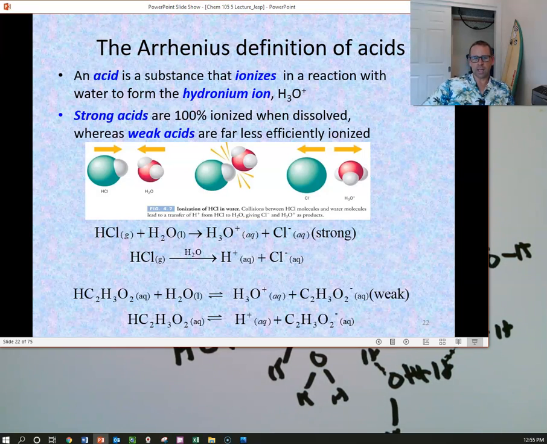If I have a weak acid, like HC2H3O2, that means it does not dissociate well. And so we have to draw 2 arrows, one going forward and one going back, showing that this acid dissociates for a little bit of time, but then it comes right back together.